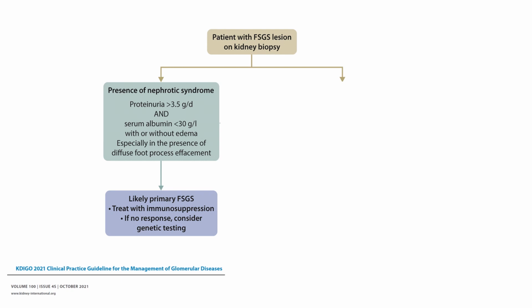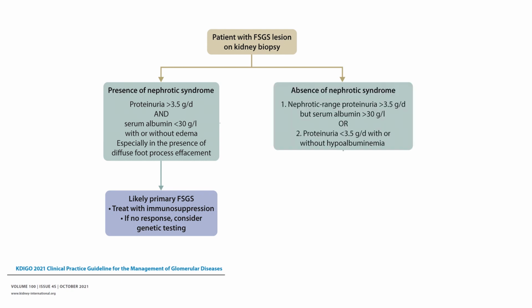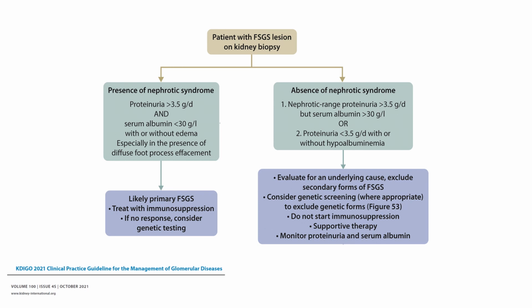As we said, we will consider the patient as genetic FSGS if there is strong family history or if there is resistance to immunosuppression. If the patient has no nephrotic syndrome, for example, the patient has nephrotic range proteinuria but with normal serum albumin, or the patient has proteinuria less than 3.5 gram per day with or without hypoalbuminemia, so this patient may be secondary FSGS.